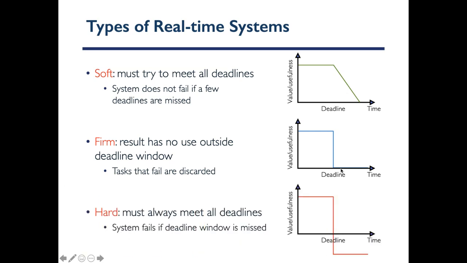And finally, we have hard real-time systems. So these systems, again, like the previous ones, have deadlines. But if you miss the deadline, something really bad happens, and you start getting negative utility afterwards. So if you miss the deadline, now there is a penalty associated with it.